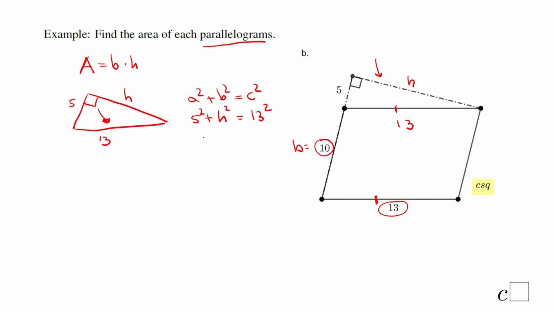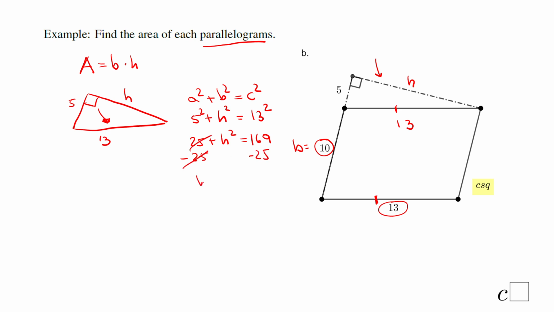We're going to solve this equation. 5 squared is 25 plus h squared equals 169. For solving, we need to subtract 25.